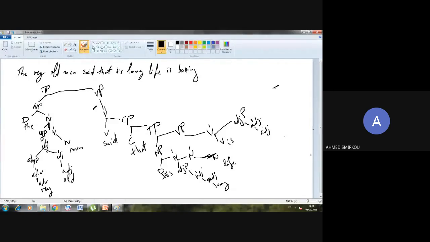Another adjective bar, and we put the adverb phrase here. Adverb bar, adverb very. Then here adjective, which is boring. Very boring. Are you satisfied now? Yes, Professor. Thank you. Okay, welcome.